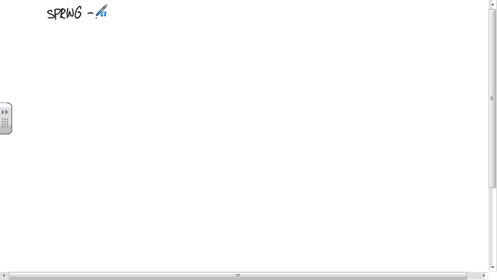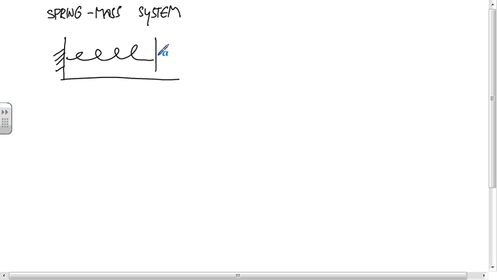So if you have a spring mass system, like this, where the spring constant is K and the mass is M, this thing is going to oscillate according to this function, right?